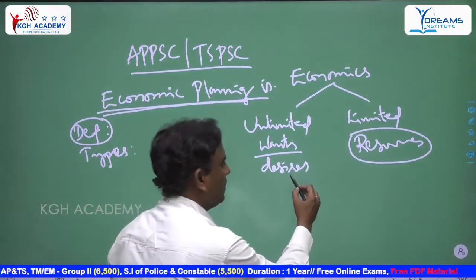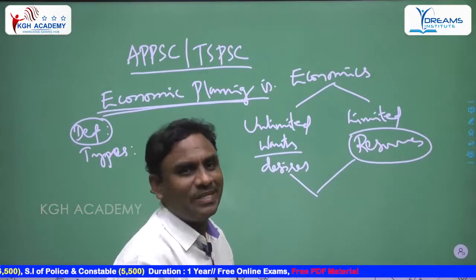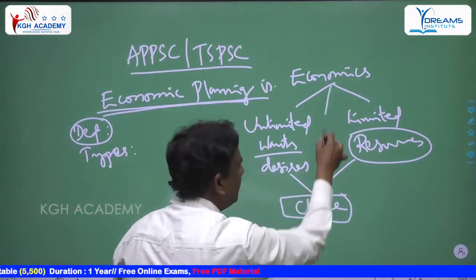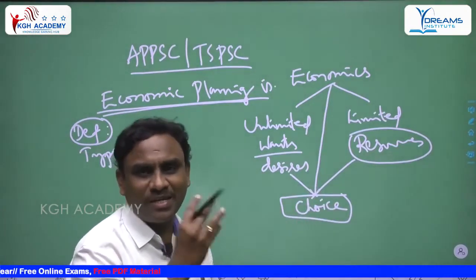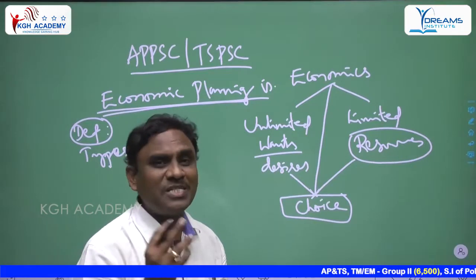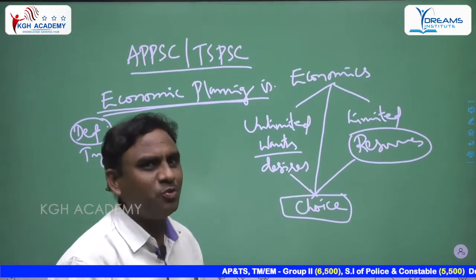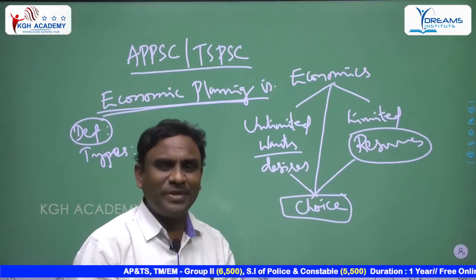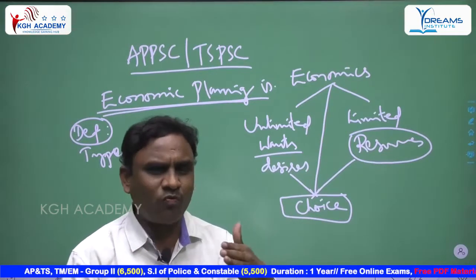For this, people or society try to select one thing. This is called choice. This is studied by economics. How to choose a necessary commodity or service depends on resources and wants. You people are interested in getting a good job, but there are so many options. So many different jobs are there, so many Group 1, Group 2, Group 3, Group 4.